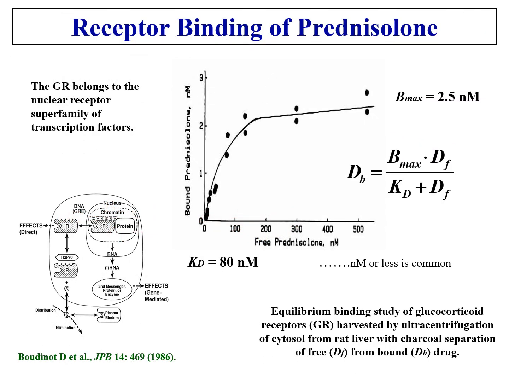We can see that when we look at receptor binding. These are data from my lab where we examined prednisolone binding to glucocorticoid receptors in rat liver. So the paradigm for corticosteroids is that they distribute from plasma into cells. In the cytosol, they bind to receptors.